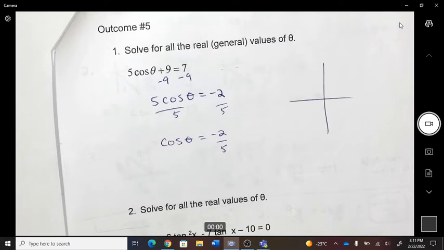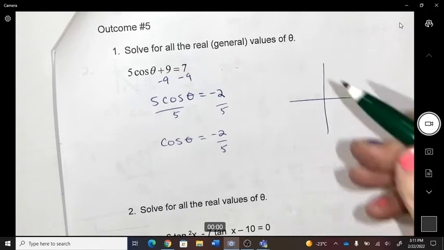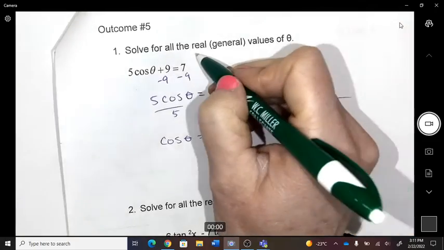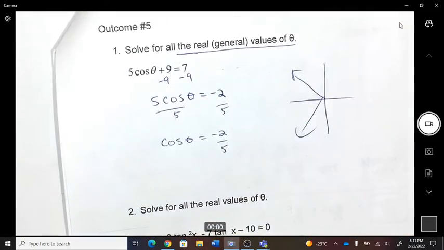So cos negative. Cos negative. Okay, this time it says for all general values. So when I see that, what is the mode that I should be in?